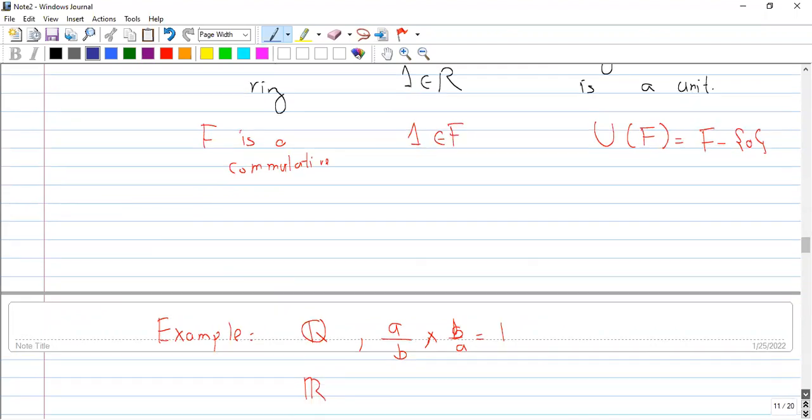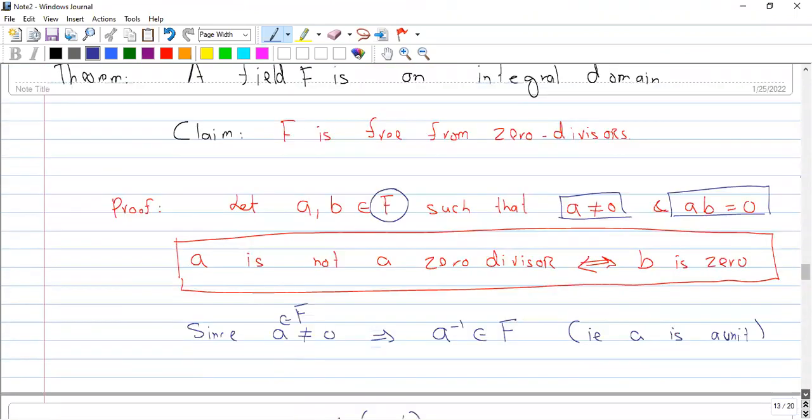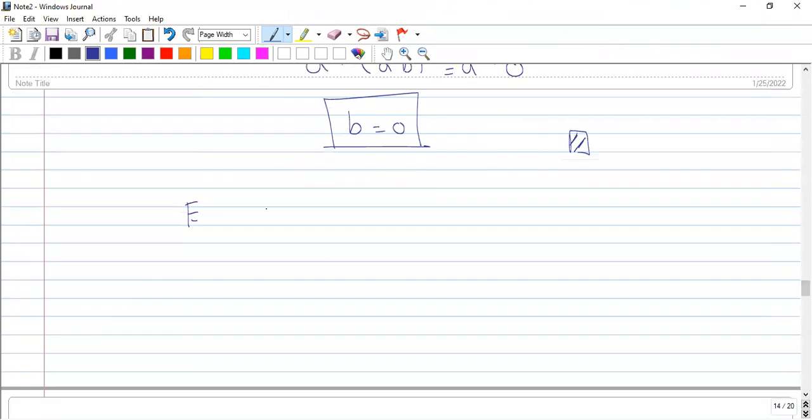Infinite means there are infinite numbers of elements, as in Q, R, C. Now we already know an example of a field which is a finite ring.